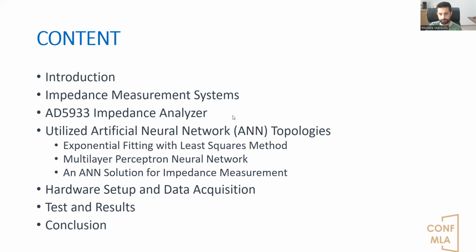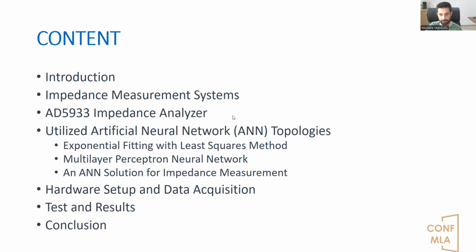This is the content of the presentation. We will start with a brief introduction. We are dealing with impedance measurement, so I will introduce a little about the impedance measurement systems. In this study, the AD5933 impedance analyzer is utilized, so I will give you some basics of this impedance analyzer.